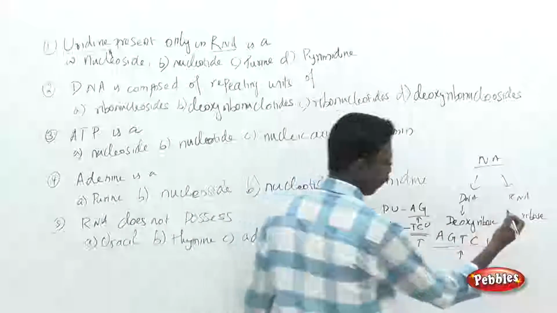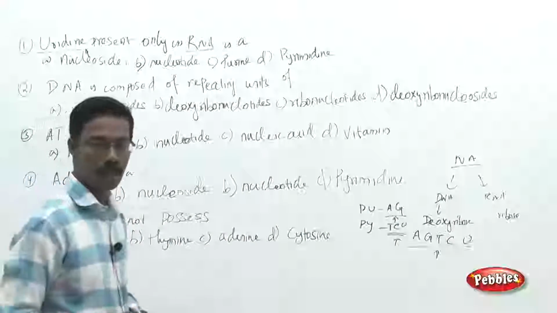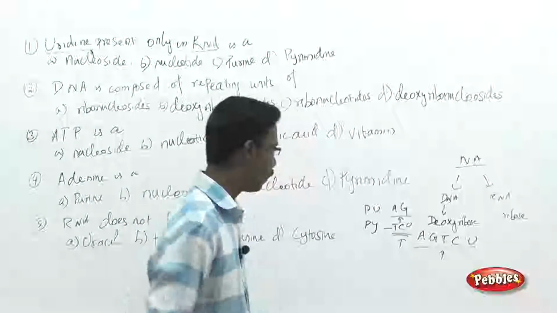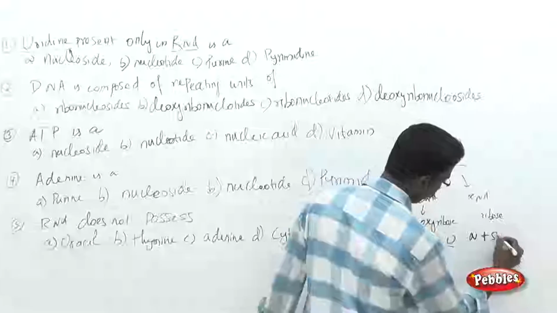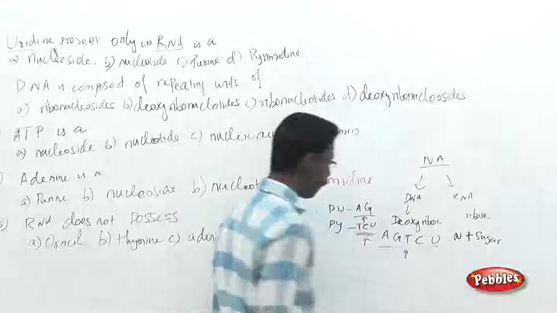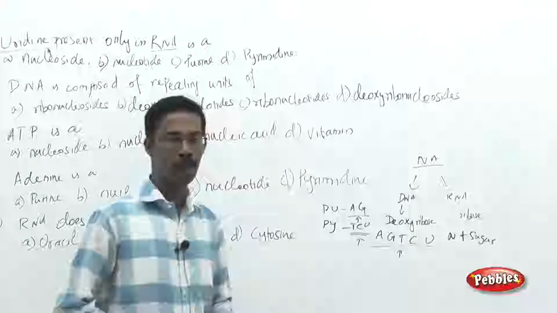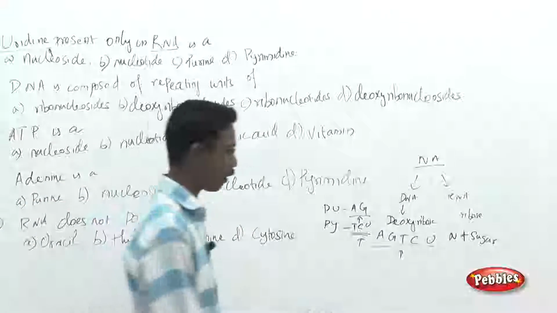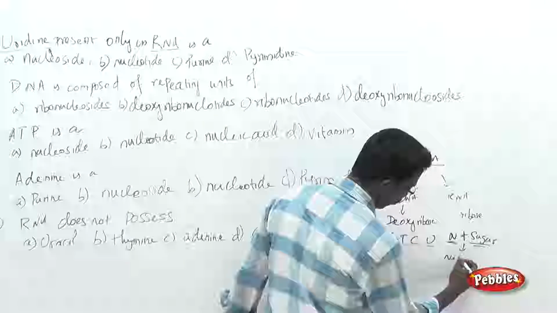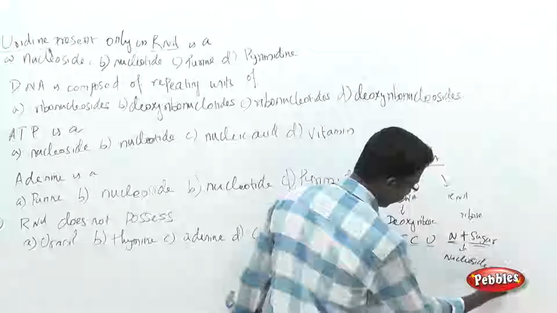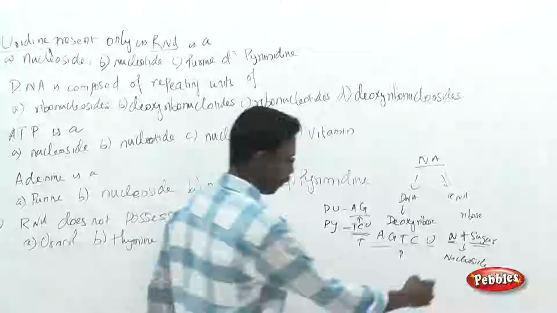Now we will come back to the other two terms, nucleoside and nucleotide. What is a nucleoside? A nitrogenous base plus a sugar. It may be a deoxyribose sugar in the case of DNA, or a ribose sugar in the case of RNA. The nitrogenous base plus the sugar is called a nucleoside. Then what is a nucleotide?